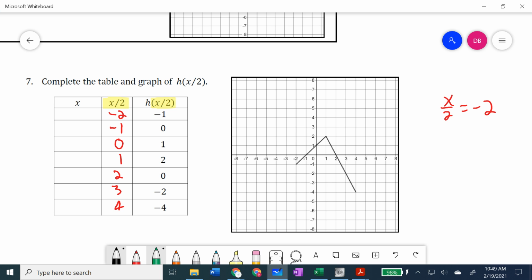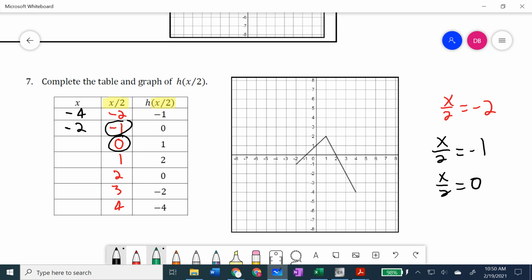And is everyone getting negative 4? And then if negative 1 is equal to x over 2, then what is x? Negative 2. If x over 2 is equal to 0, what is x?